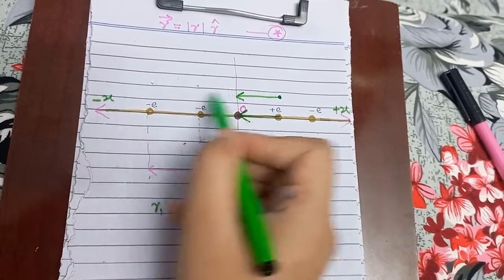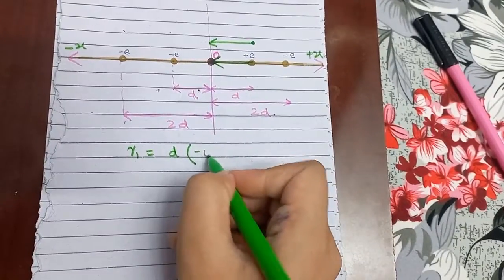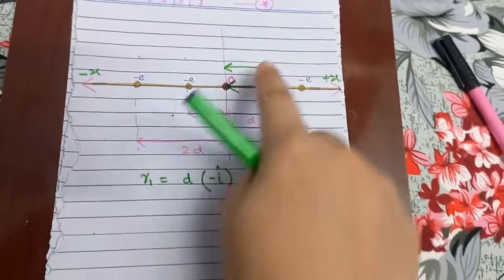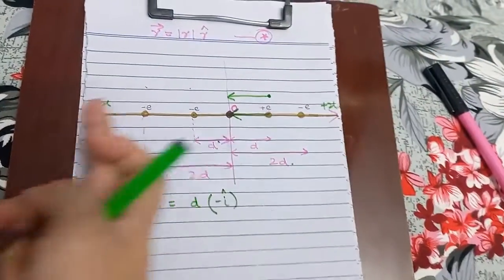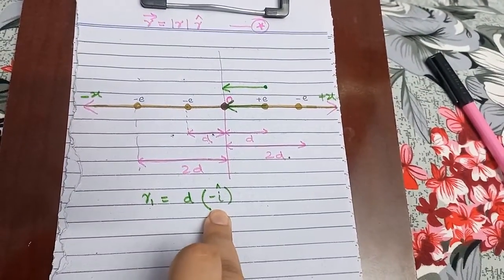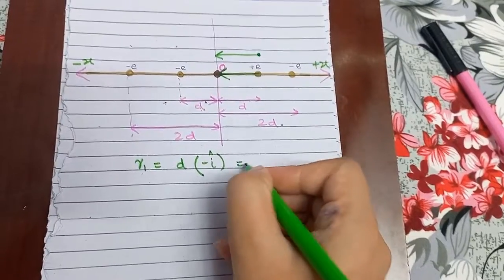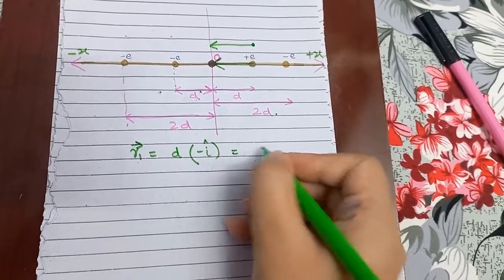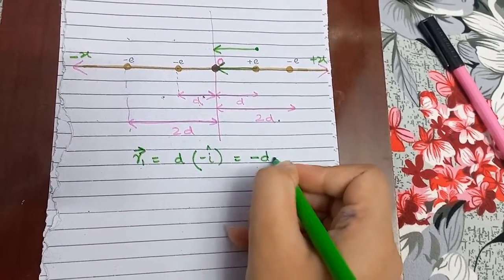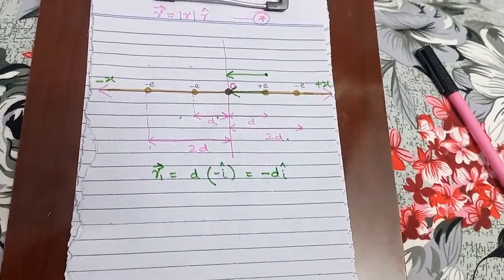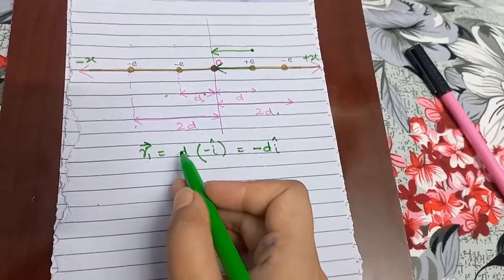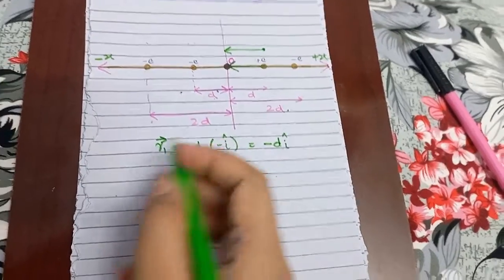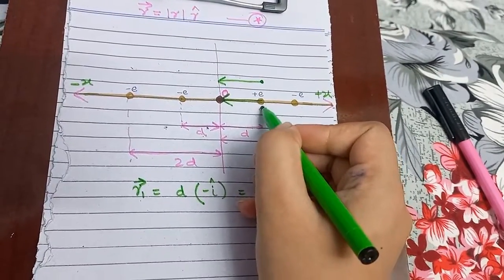Negative x means negative i hat. Since it's pointing in this direction, which is the negative direction, that is why we are taking negative i hat. So this vector is given by minus d i hat, and its magnitude is d. That is really simple. So this is the first one.